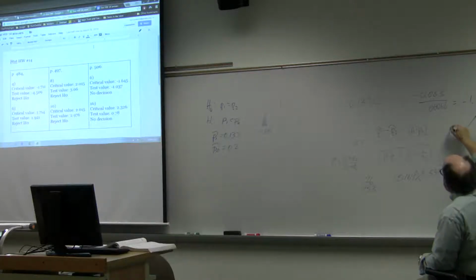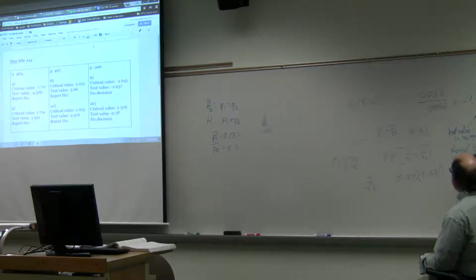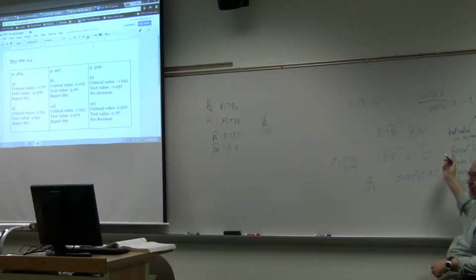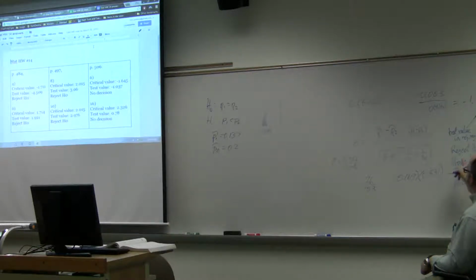If the test value is in the rejection region, then we reject the null hypothesis, we prove the alternative, there is evidence, and then we have an answer.